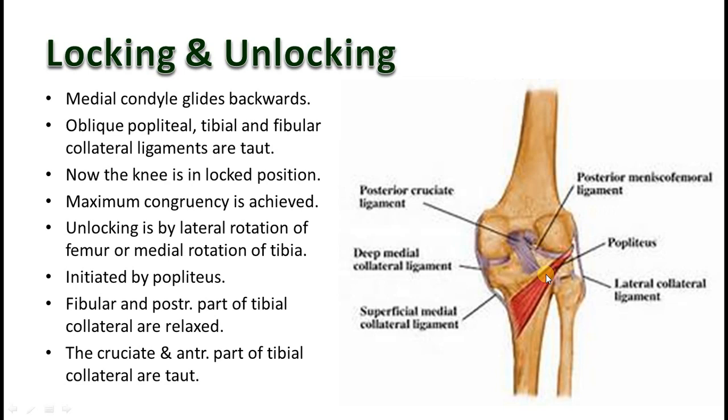That is one thing. So the last stage of the extension and the initial stages of flexion is taking place around the medial meniscus, because this is arrested before itself.